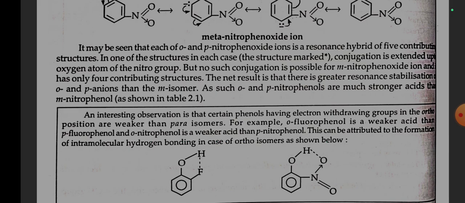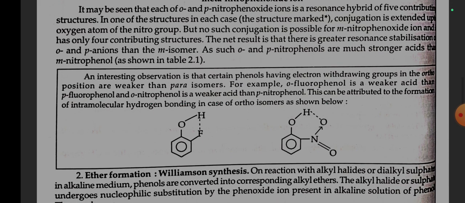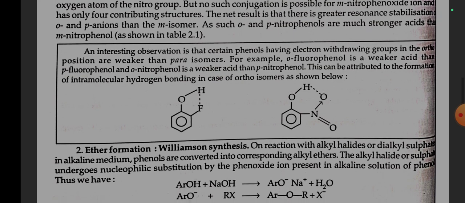In one of the structures, conjugation is extended up to the oxygen atom of the nitro group, but no such conjugation is possible for meta nitrophenoxide ion, which has only 4 contributing structures. The net result is that there is a greater resonance stabilization of ortho and para anions than the meta isomer. As such, ortho and para nitrophenols are much stronger acids than meta nitrophenol.